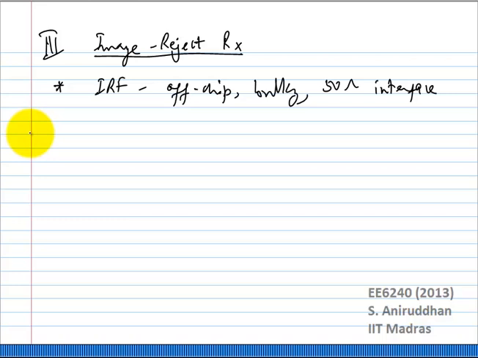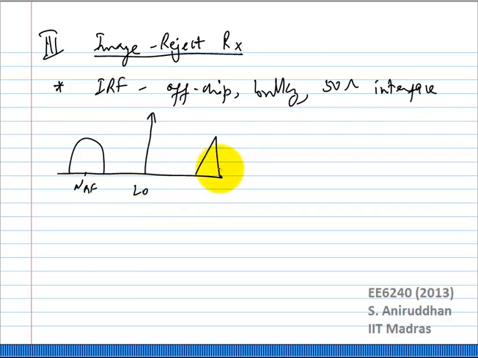So what do we know about the image? First of all, we know that if your desired signal is here, and this is your LO, your image lies exactly at IF on the other side from the LO. So I'll call this the omega IM, which is the image.